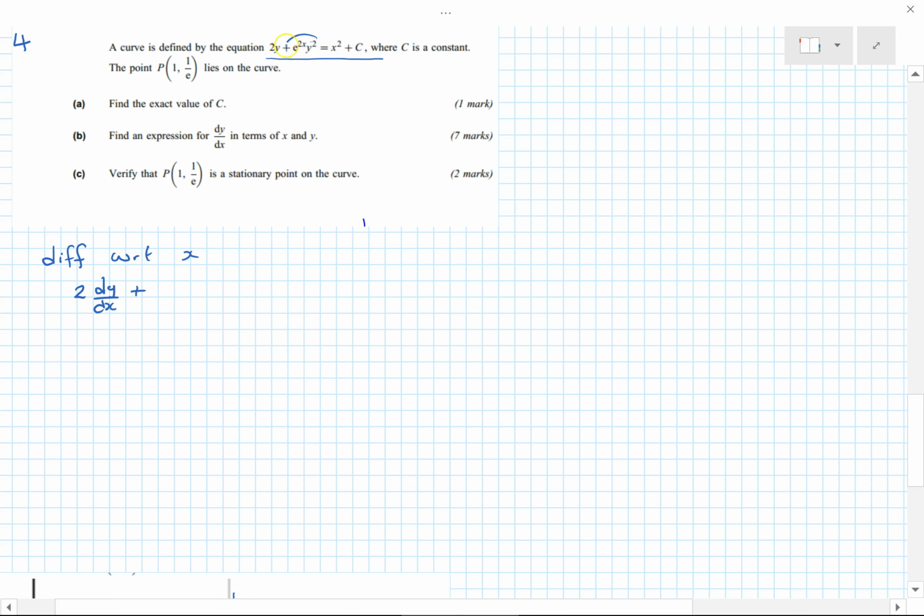We're using the product rule on this bit. So if we differentiate the e to the 2x bit, that comes to 2e to the 2x. So that's 2e to the 2x times by the other bit, which is y squared. Right, that's product rule though. Then, that's only one of the terms. In that one we differentiated the e to the 2x and then we multiplied by that.